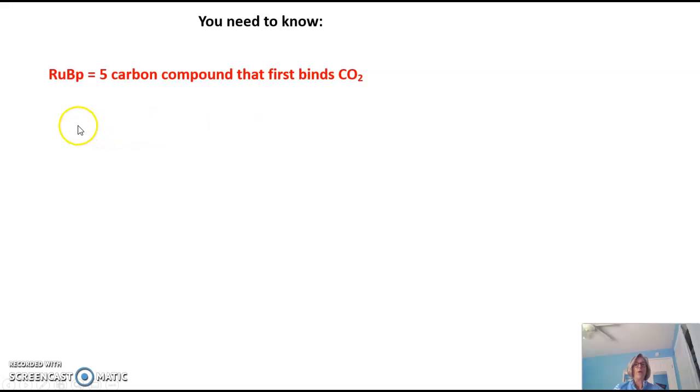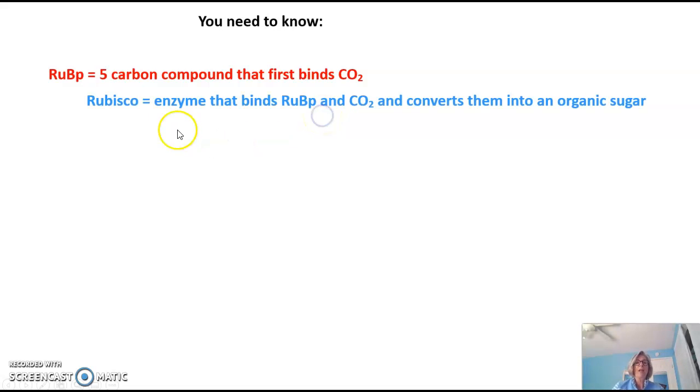So you need to know that RuBP is a 5-carbon compound that first binds CO2. You don't need to know its full name. You should know that rubisco is the enzyme that binds RuBP and CO2 and converts them into an organic sugar. Again, you don't need to know the full name of that enzyme. You should know the definition of carbon fixation.